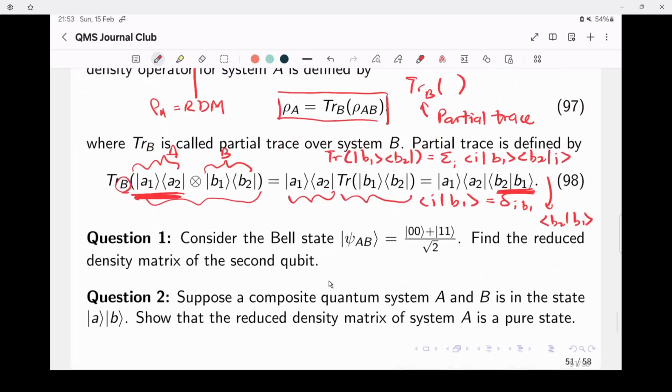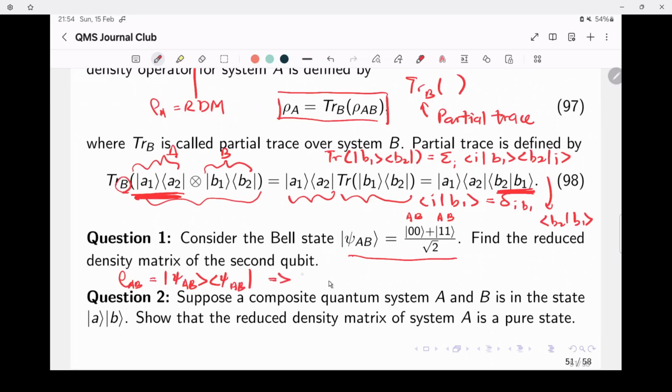So now I have two questions. The first one, let's say you have a Bell state. Try to find the reduced density matrix of the second qubit. So let's say this is qubit A, this is qubit B. This time you need to partial trace out qubit A. So the steps that you need to follow are that you start with rho AB equals psi AB over here.